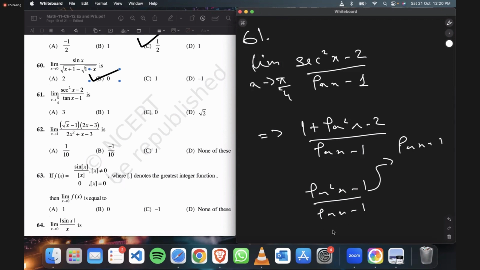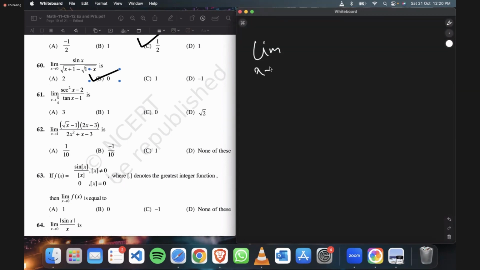Alright, because tan x minus 1 and tan x minus 1 will get cancelled out simply. And the limit was x tending to pi by 4, and here I'm left with tan x plus 1. So 1 plus 1, 2. Answer for this question will be, oh, so there's no option as 2.